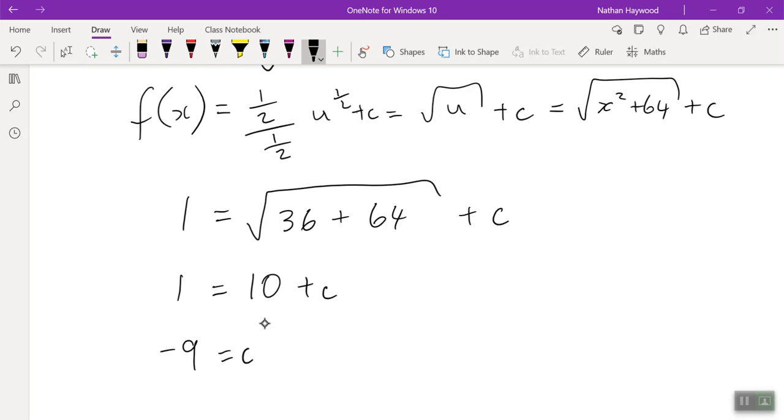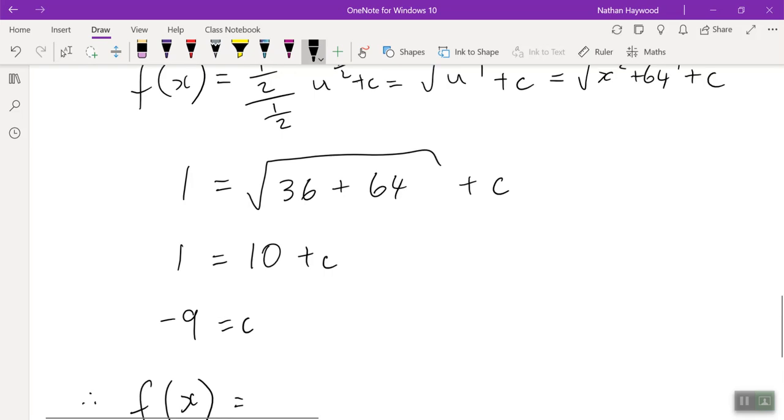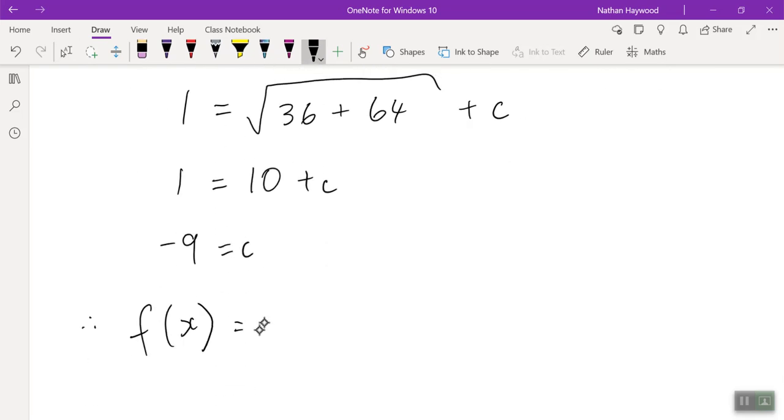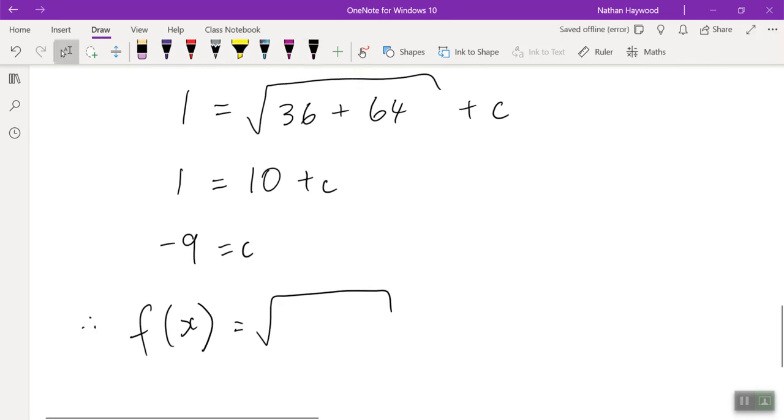Negative 9 is equal to c, or c is equal to negative 9. So therefore, the particular solution for the function is this bit, and you change the c to -9.